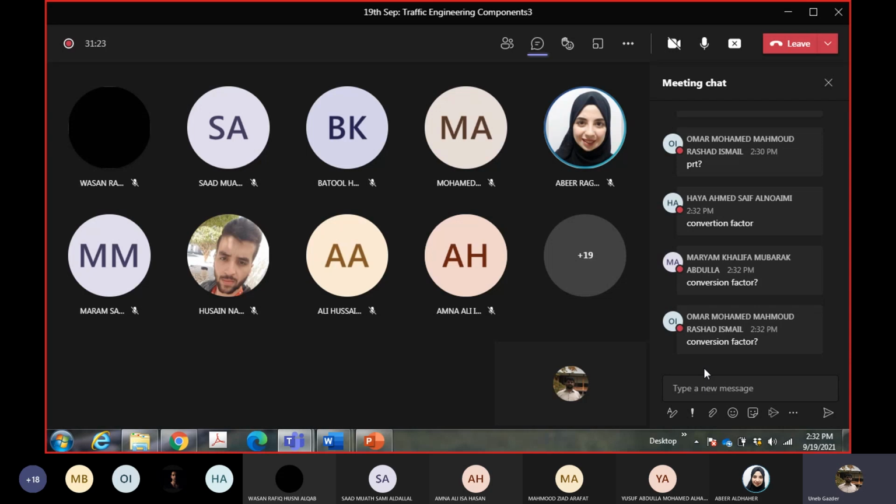Yes, this is the conversion factor. The speed is in miles per hour and we are converting it to feet per second.